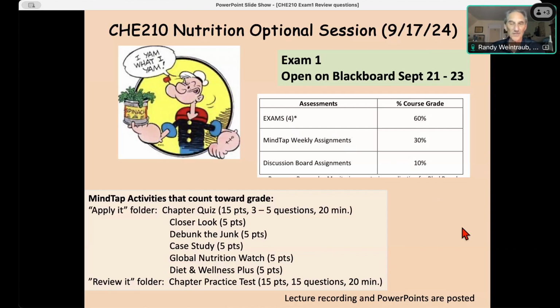And that follows the very interesting chapter 3 on digestion, absorption, and transport. A lot of information there. Some of that you'll see have some practice questions, multiple choice questions that we'll go through here in this session.